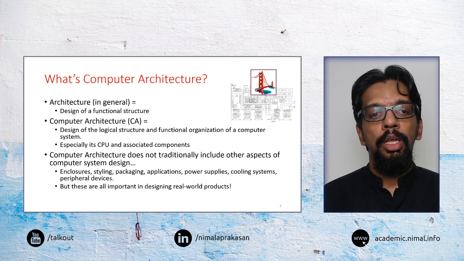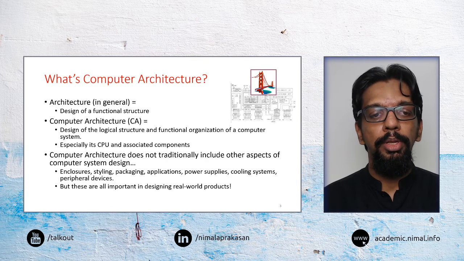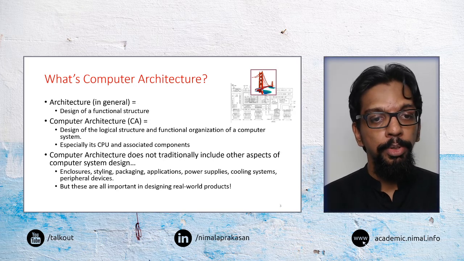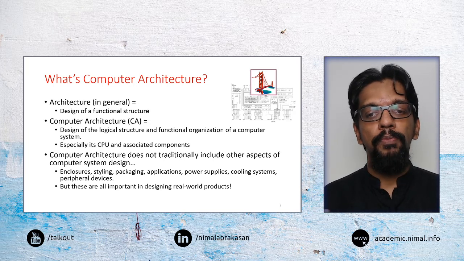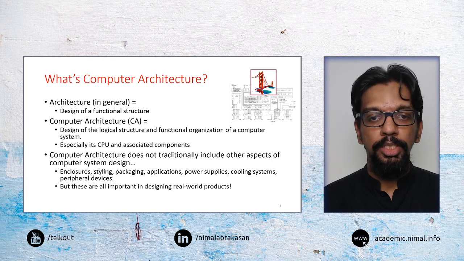So, when we think about architecture in the general terms, we say it is the design of the functional structure. So, the design of the structure that we are talking about in a building. And in the case of a computer, we are talking about the various components that bring together a computer system.